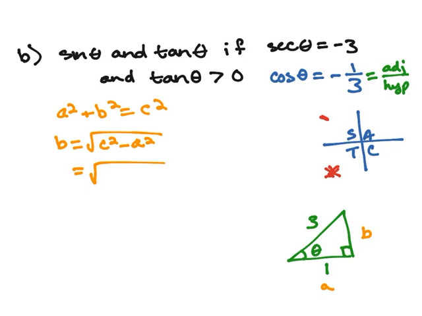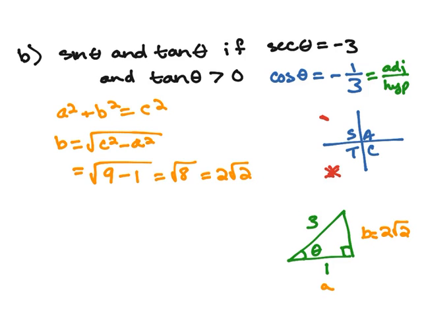Our C is the hypotenuse, it's 3. 3 squared is 9. Our A is 1. So we're going to get the square root of 8. And 8 is 2 times 4. 4 is a perfect square, so we can bring a 2 out, correct? And we're going to get 2 root 2. All right, so my B is 2 root 2.